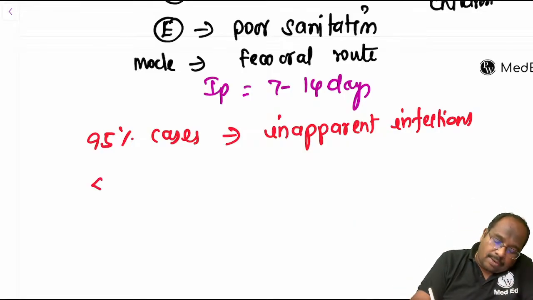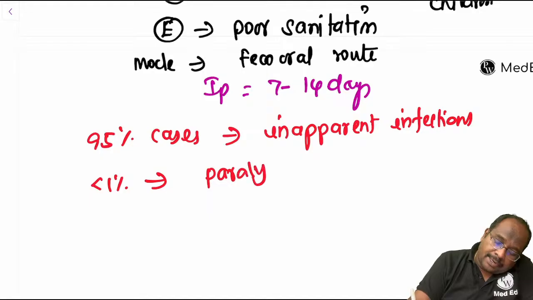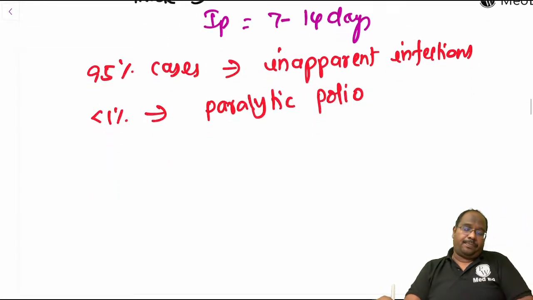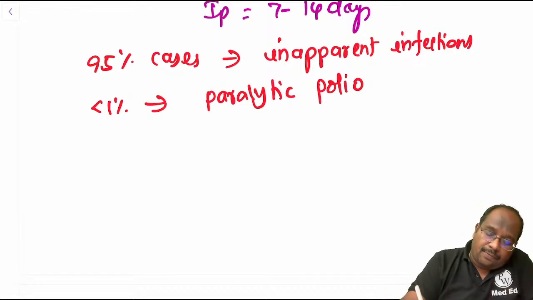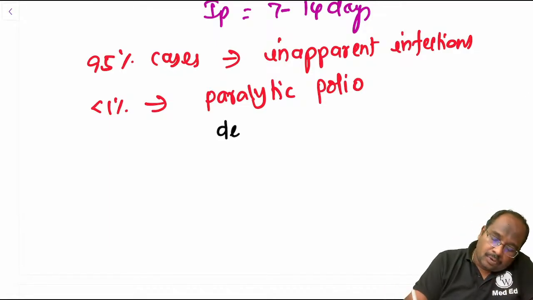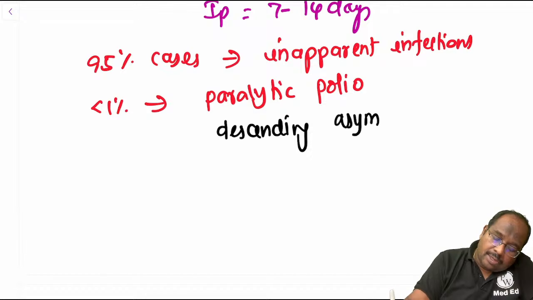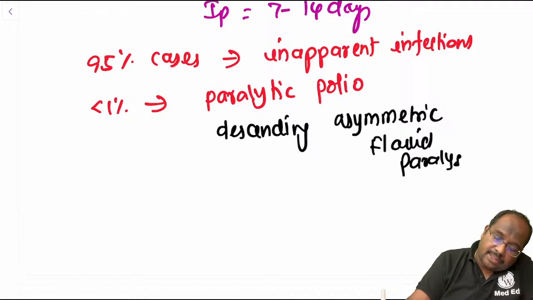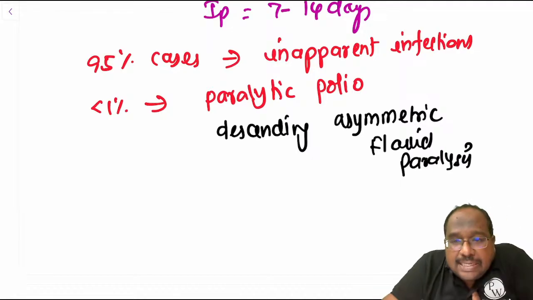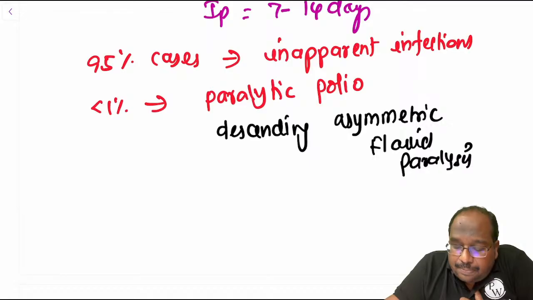Less than 1% go on to paralytic polio. What type of paralysis will you find? The type of paralysis you will see is descending asymmetric flaccid paralysis.